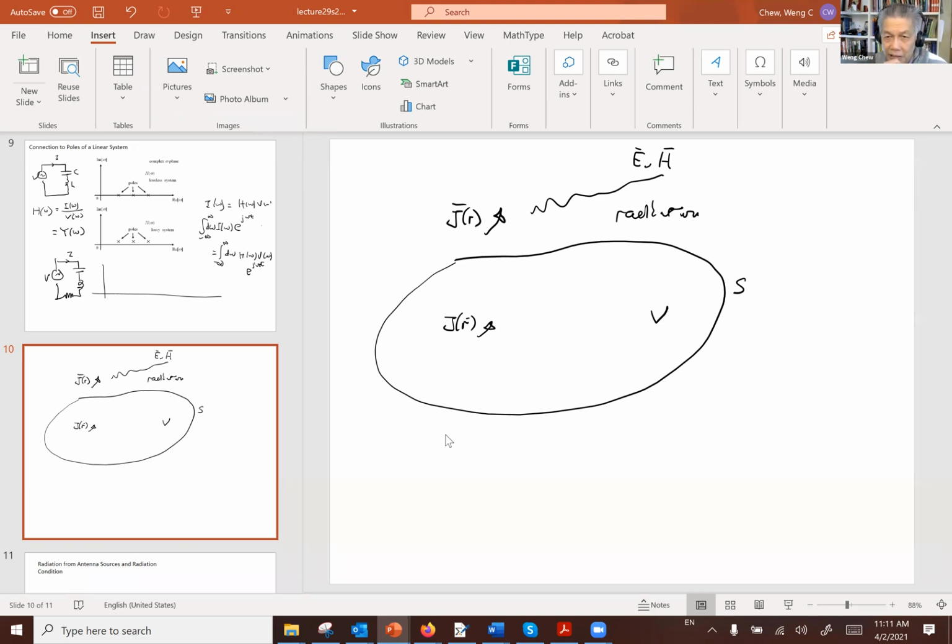And then, as we have seen, if we solve this problem with a lossless medium, if this medium is lossless, then uniqueness is not guaranteed. We actually have to put in some loss in order to guarantee uniqueness. And you can see this in a different light using a rectangular cavity.